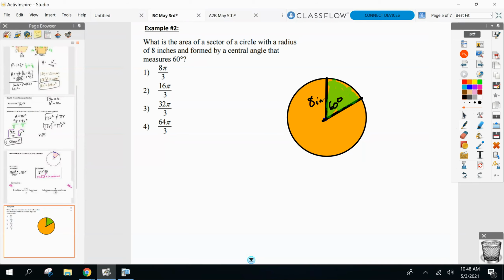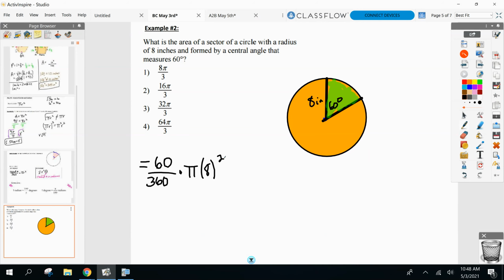All right, the central angle is in degrees, so I would probably use the degree formula, unless you want to get real nuts and convert it into radians and use the radians formula. So I have 60 over 360, my central angle over 360, times the area, pi times 8 squared. Anybody take a peek at the answers?